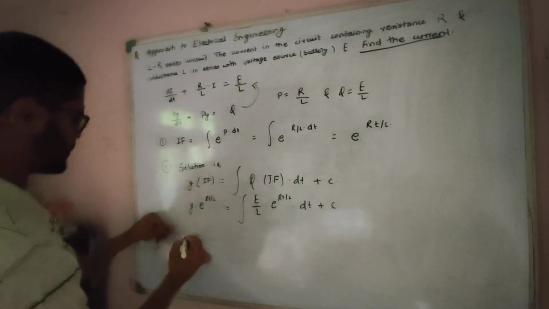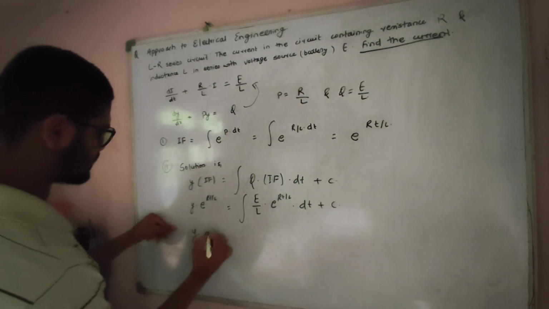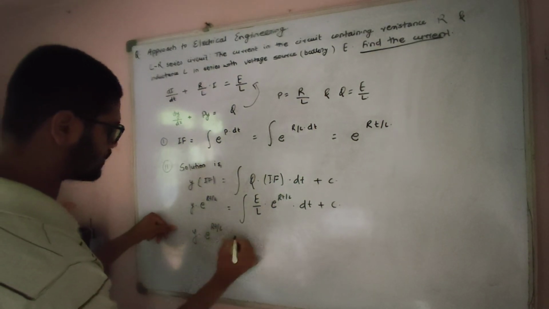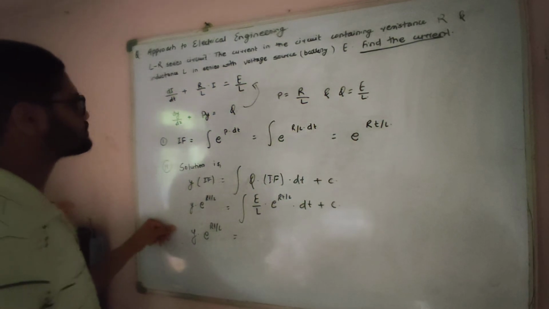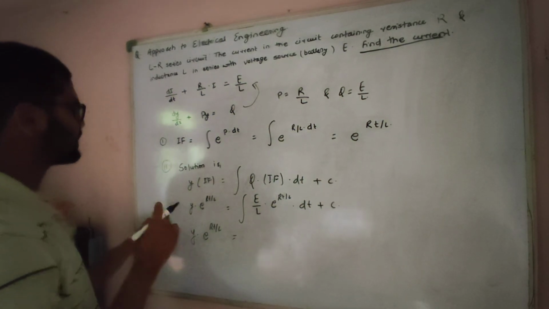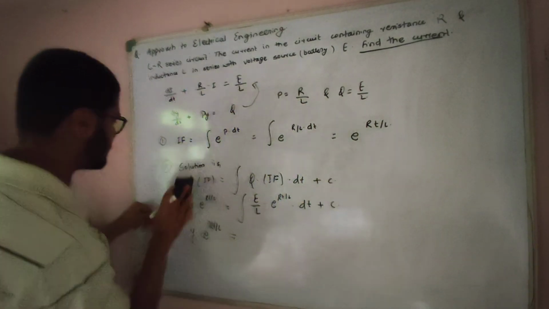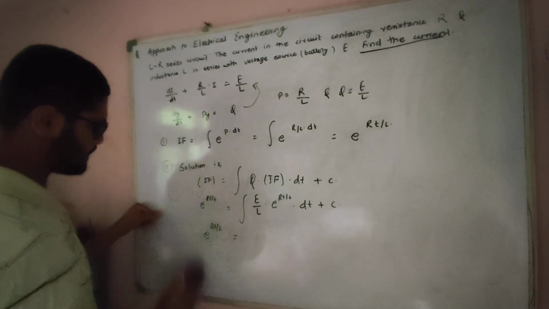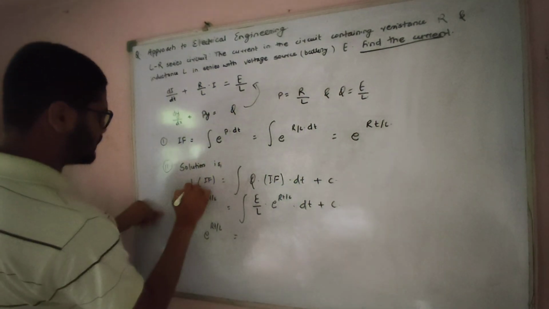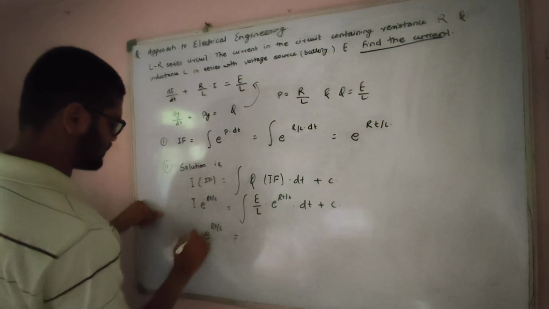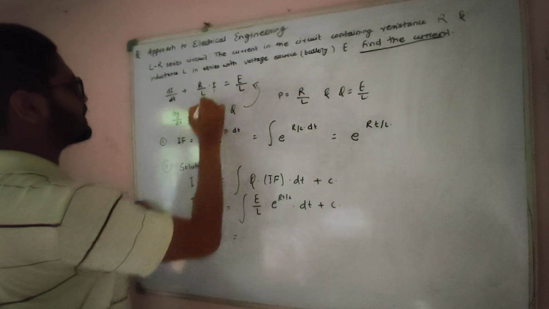We get e to the power Rt by L on the left. Sorry, I wrote y here, it should be I. Y is I here.